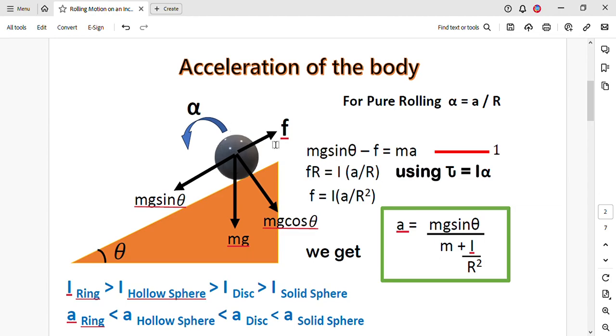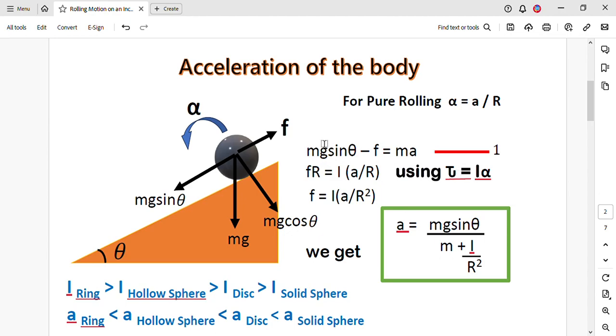Here the body is doing pure rolling motion, so we can write alpha equal to a by r. Now using the F equal to ma equation, along the incline, net force equals mass times acceleration. As the body is rolling down, mg sin theta minus F equals ma. The next equation we write using torque equal to I alpha.